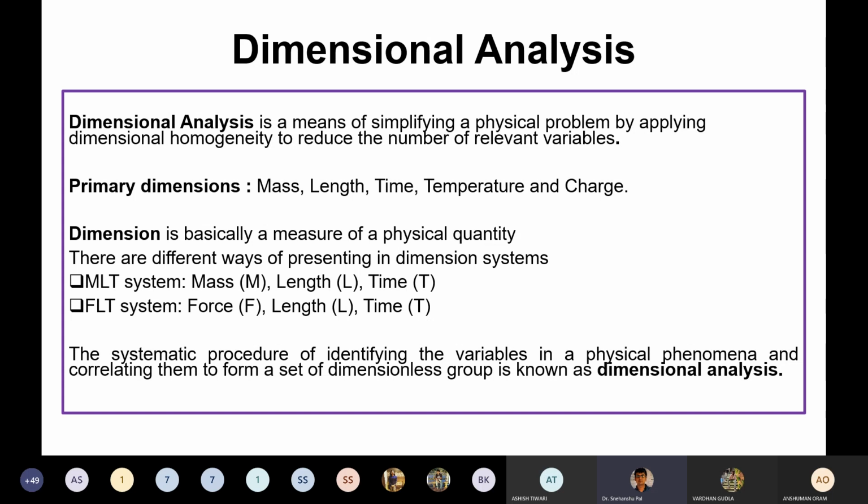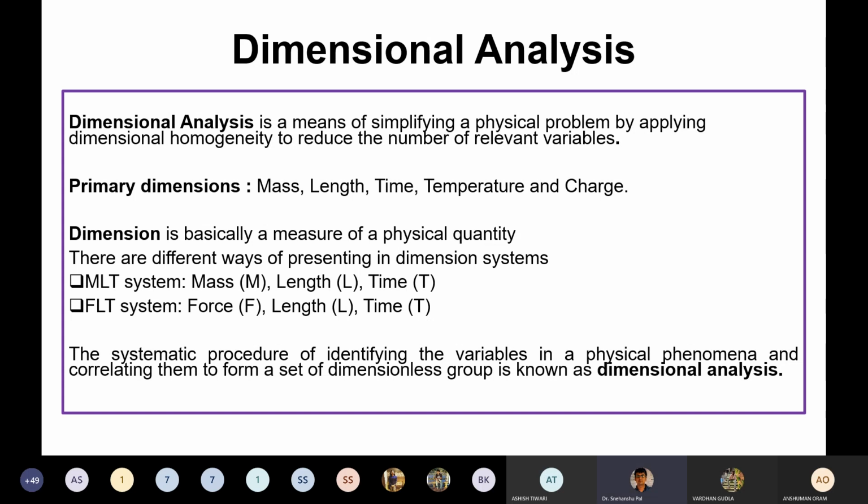Sometimes in very dynamic systems we talk about force, because force is not a fundamental quantity. You can represent it by M L T to the power minus 2, mass into acceleration. The dimension of mass is M, acceleration dimension is L T to the power minus 2. So force can be represented by M L T to the power minus 2.